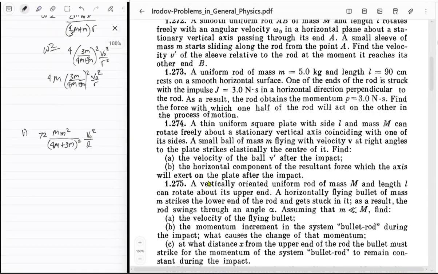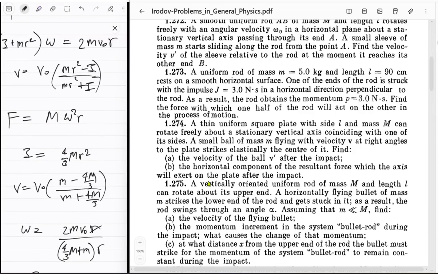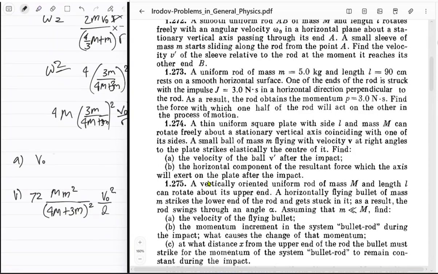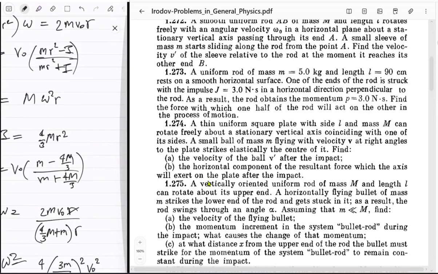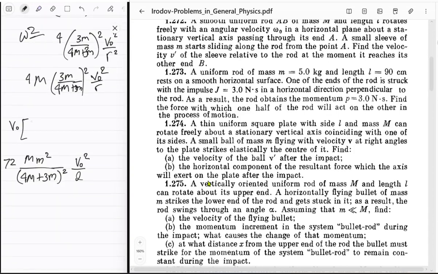So that's our B answer. What about our A answer? It's this guy. Right, 3m minus 4m. Next question.